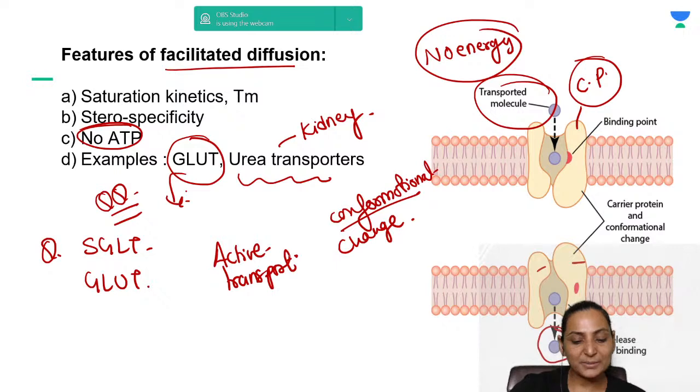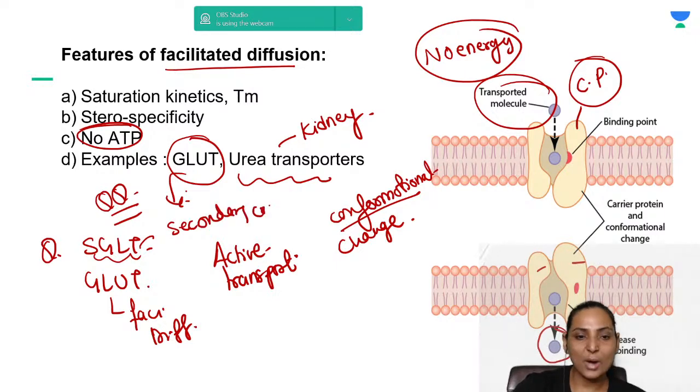This is one of the commonest mistakes we make. Now I told you that GLUT is an example of facilitated diffusion. But SGLT is the sodium glucose co-transporter. So it is an example of a secondary active transport mechanism, right?